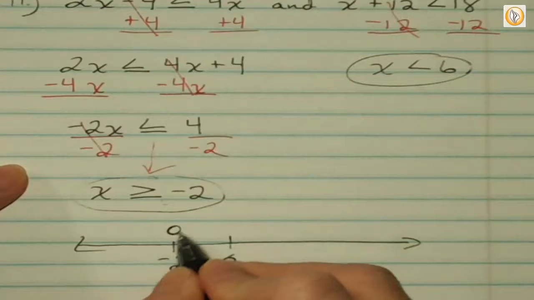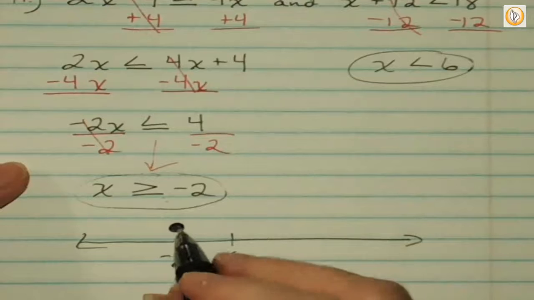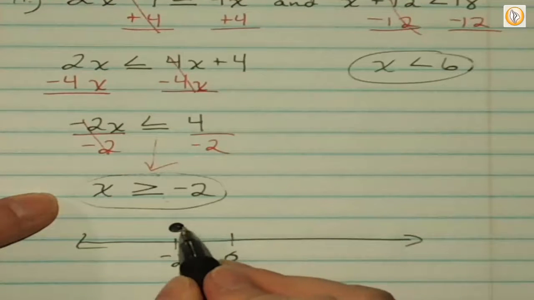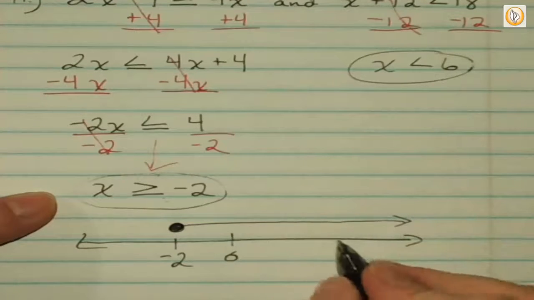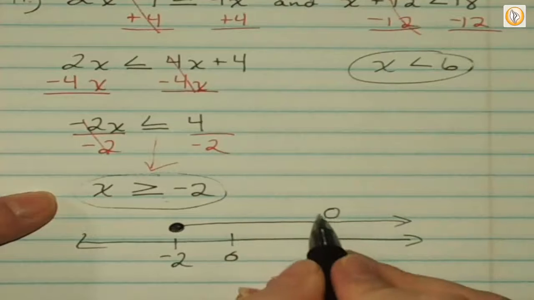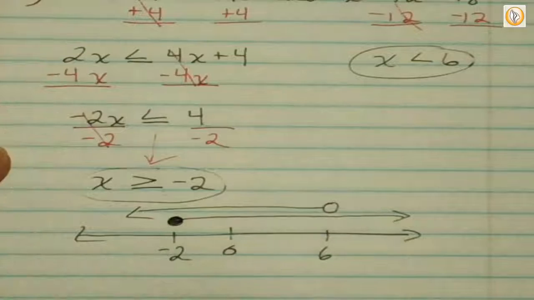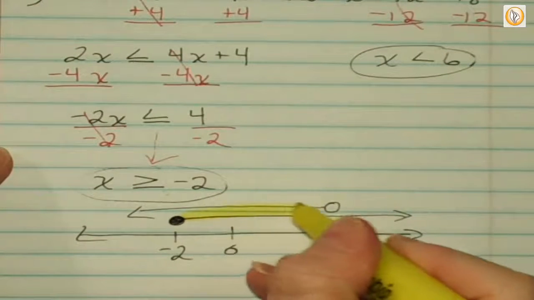Y'all graph it too. So I have a closed circle for this one. It says x is greater than or equal, so my arrow goes that way. And this says x is less than, so it's an open circle, 6. Here's my common area.